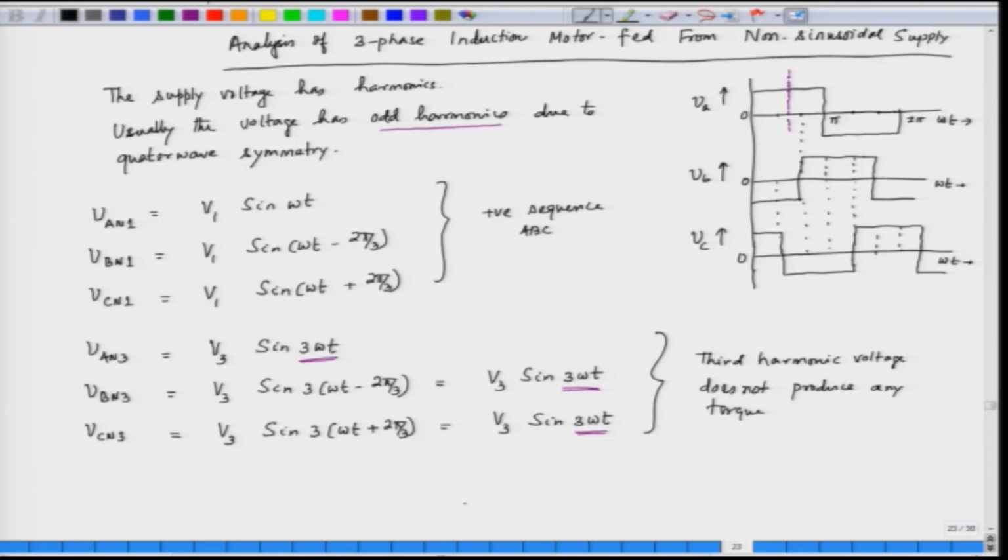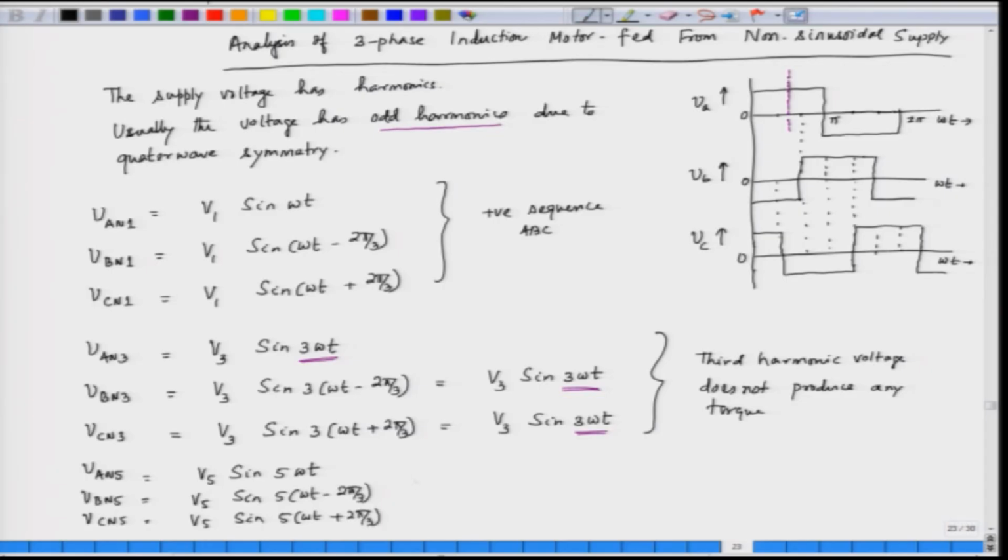Now, similarly, we can find out the fifth harmonic voltage. So, we can write down V An5, V Bn5 and V Cn5, and they will be respectively V 5 sin 5 omega t, V 5 sin 5 omega t minus 2 pi by 3, V 5 sin 5 omega t plus 2 pi by 3.